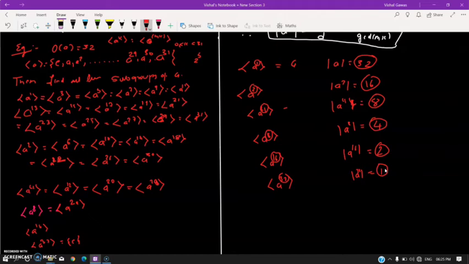I will have a unique subgroup for every divisor. So let's look at that note here.